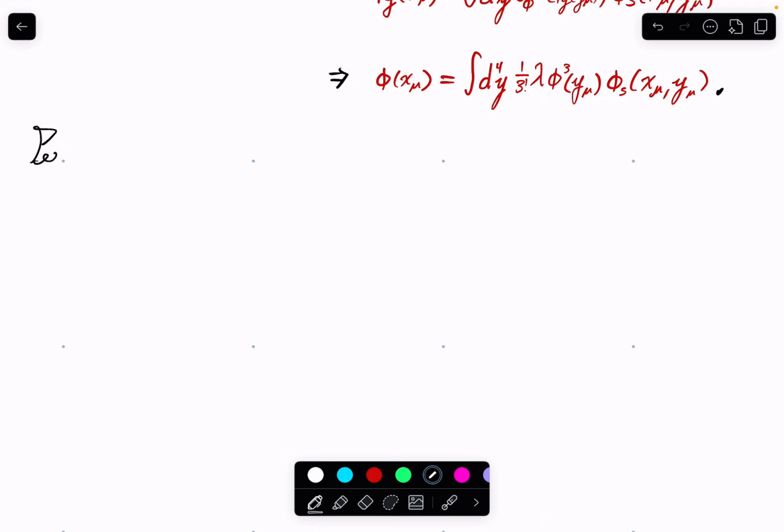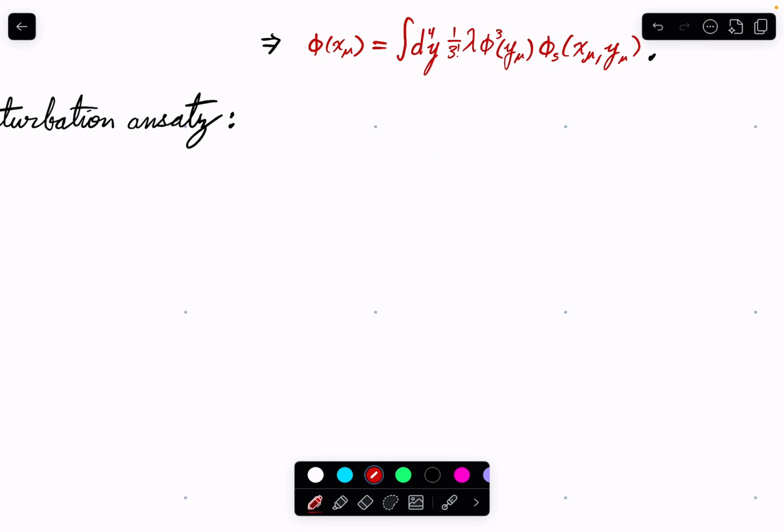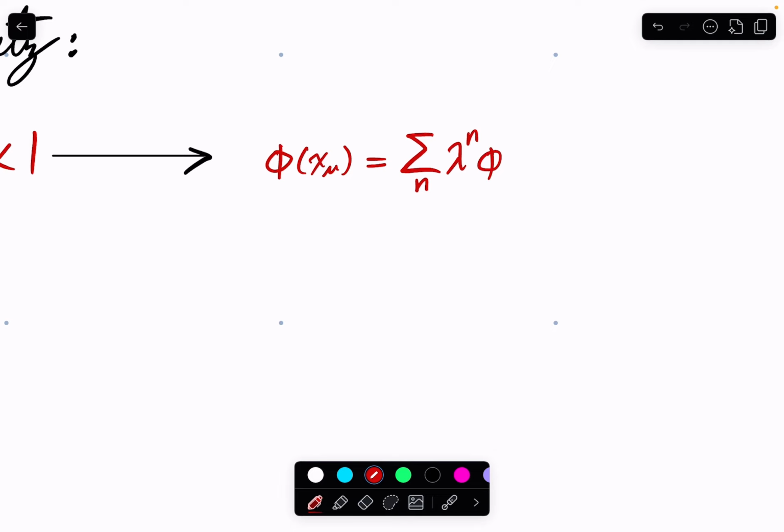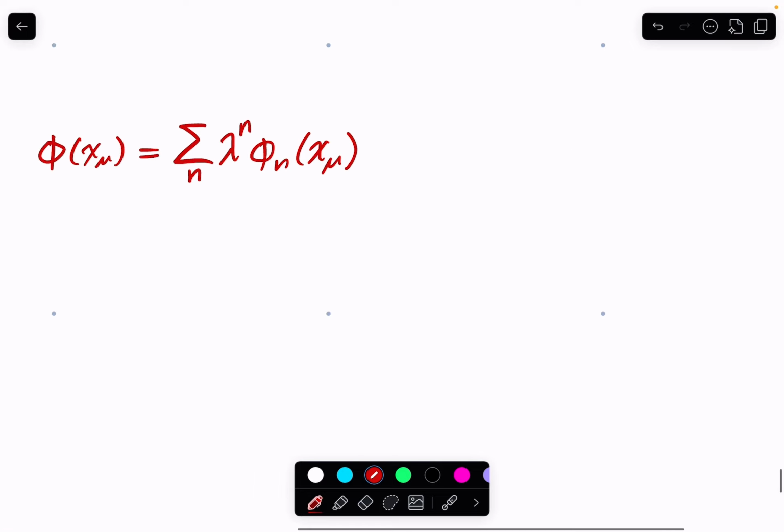So the perturbation ansatz. And that is that we have to posit first that lambda is less than 1. That's the only way in which this works. Then we can say that the field is the sum over powers of lambda times different levels of fields.